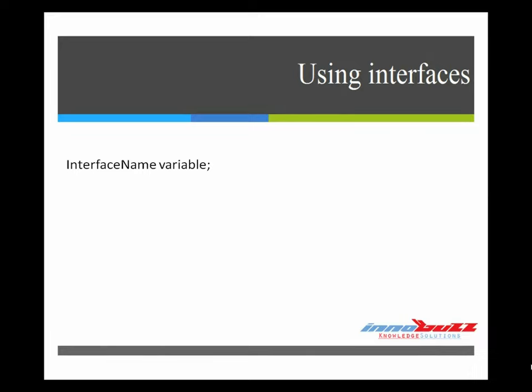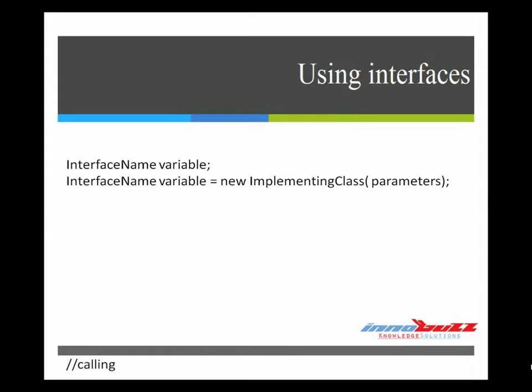So when we want to instantiate this variable, after the new keyword, we can call the constructor of a class that implements our interface. That is an implementing class, and of course the parameters that are needed for the constructor. So this is the way we can do it.